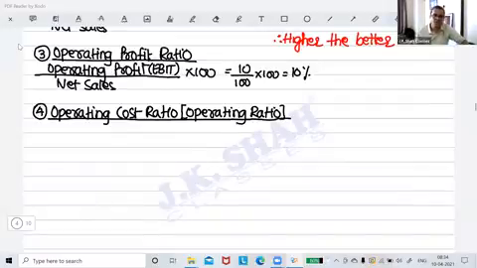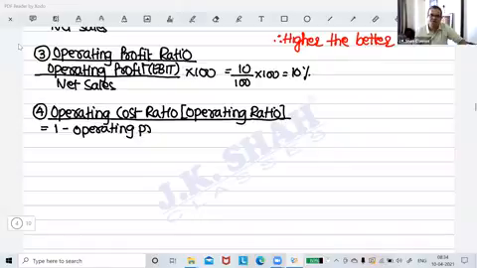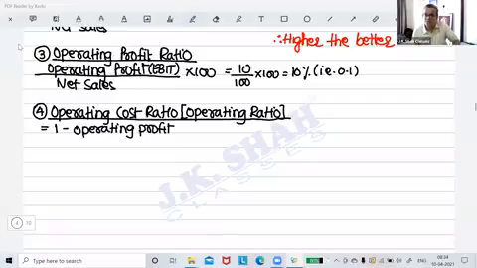It is going to be equal to 1 minus the operating profit ratio. Continuing with this example, 10% is 0.1.